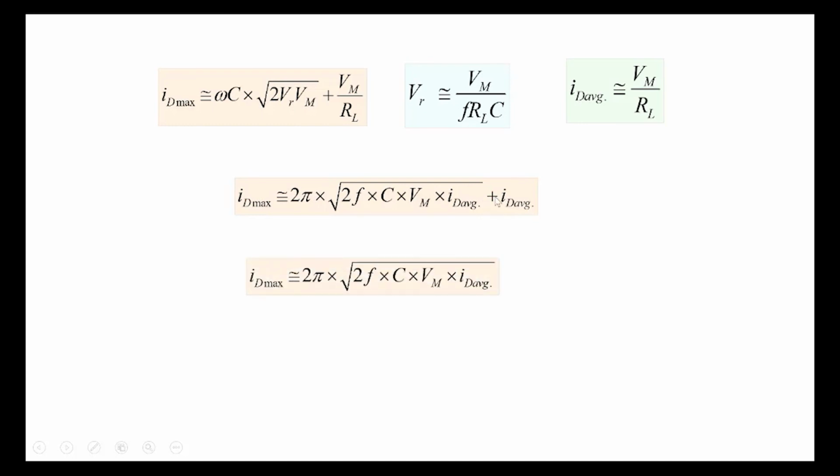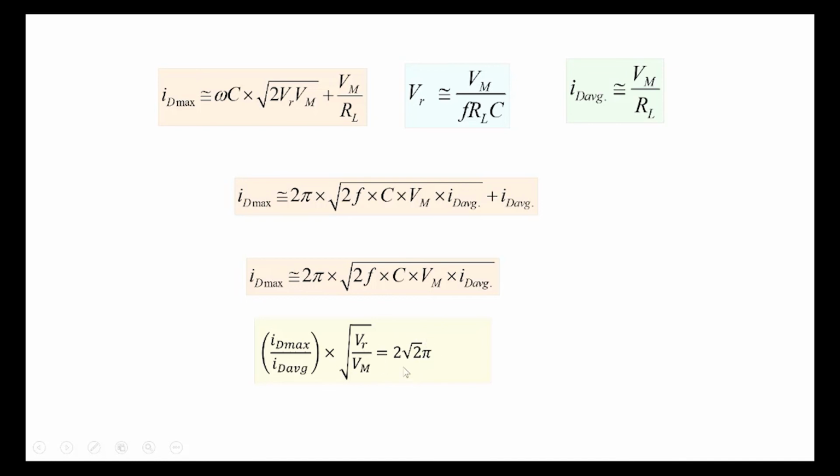As I've said, this term is going to dominate, so we can neglect this part. ID average is Vm by RL; the average diode current is nothing but the average load current. So we can combine ID average and ID max into this equation: ID max by ID average multiplied by square root Vr by Vm equals 2 square root 2 pi.